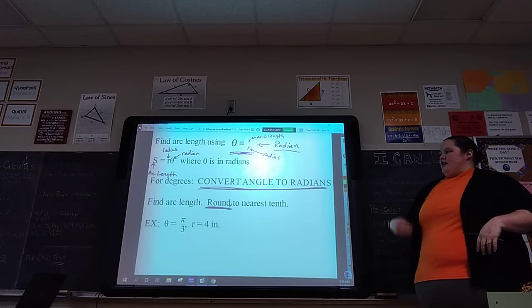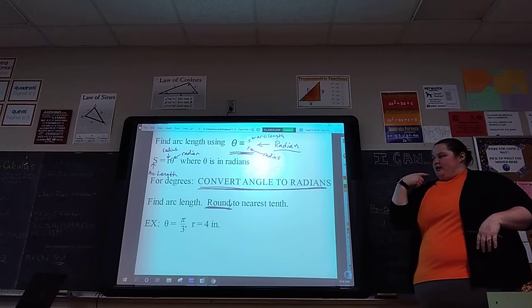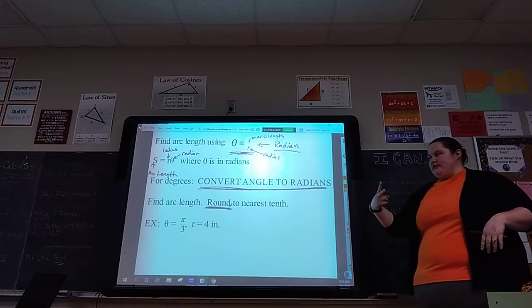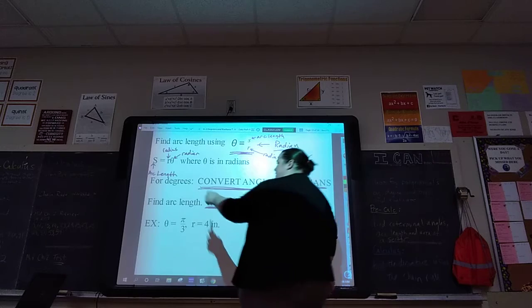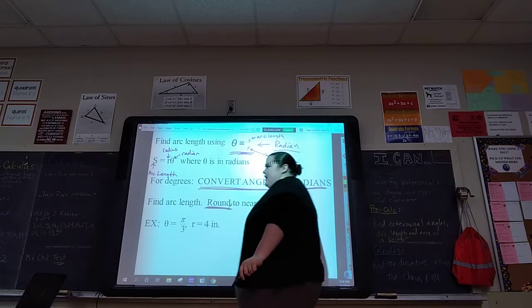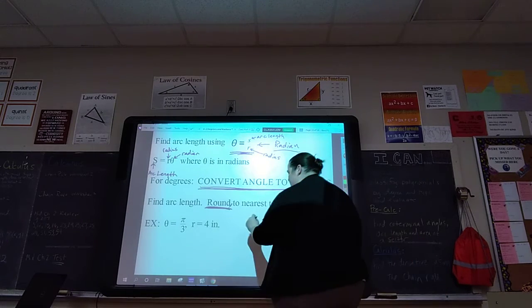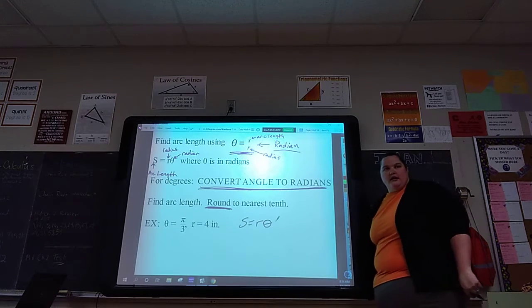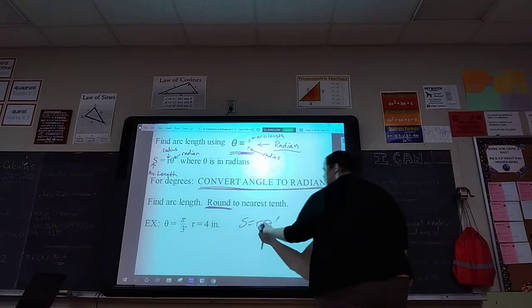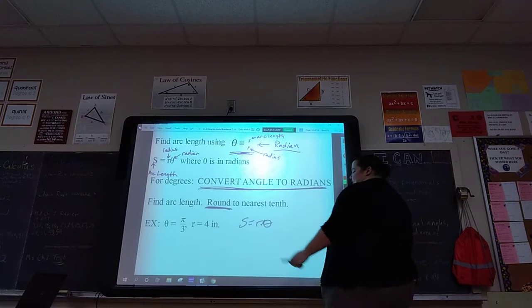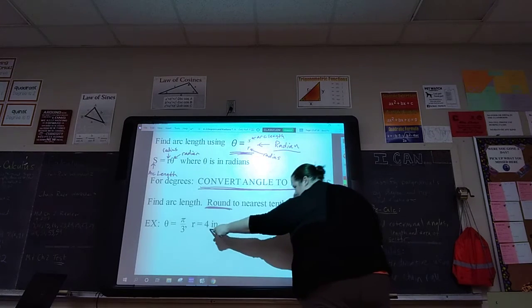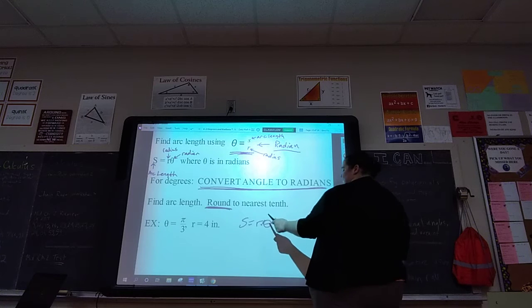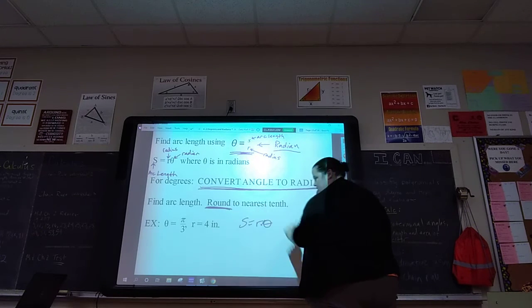Okay, so in order to find arc length, I need to give you an angle measurement in radians and a radius. And then what I do with those is I just multiply them together. Okay, so that's what my little formula is. Arc length equals radius times radian. Okay, so multiplication here. So if I'm given my R, 4 inches, is my angle measurement a radian?